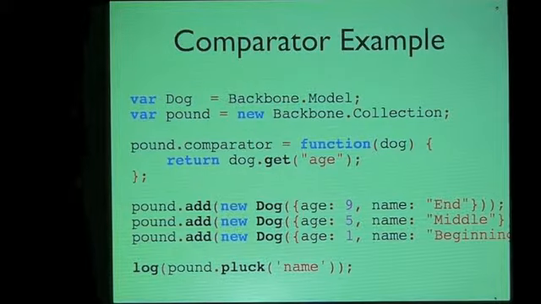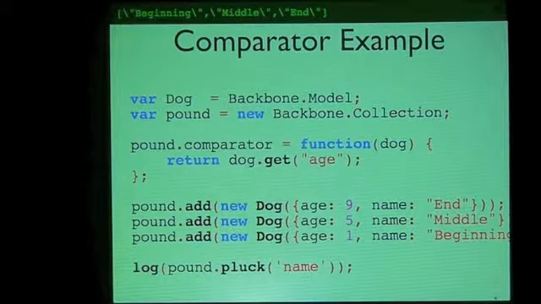So here is just a comparator example. I create a dog. Here's the simplest way to create a model. I just say backbone model, and I'm not actually creating it here. I'm just pseudo assigning a dog as a model. Then I have a pound, and I want to put these in order of age.